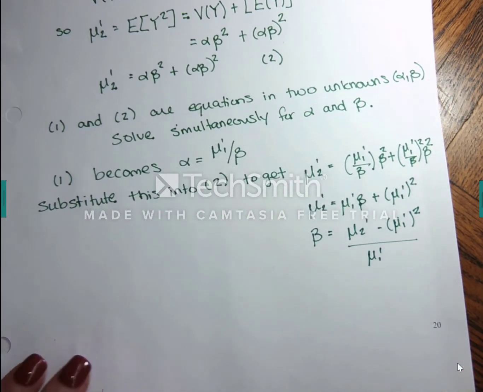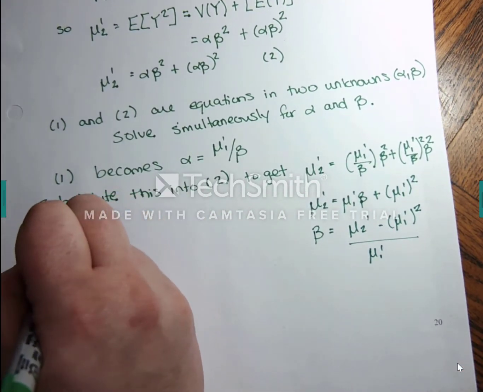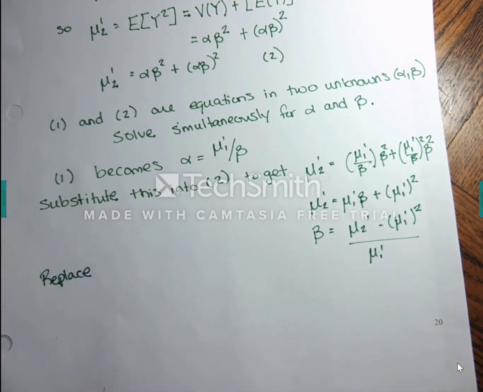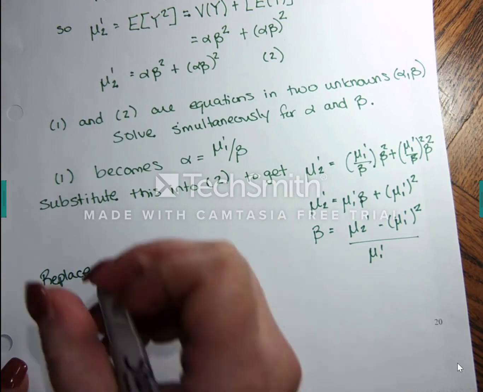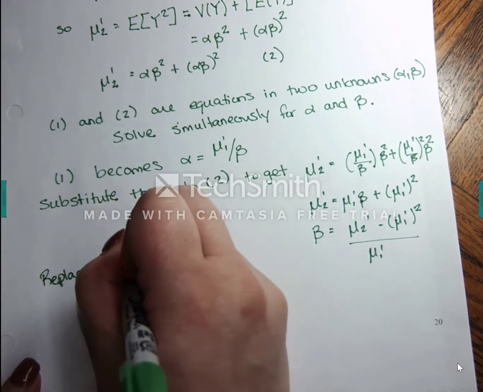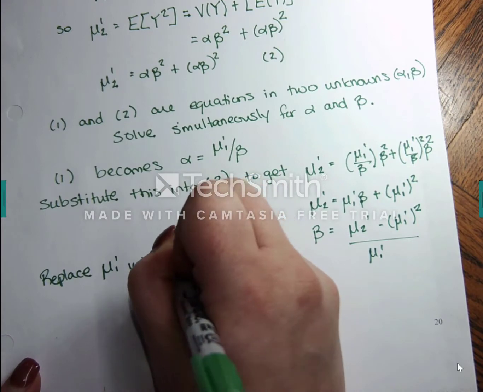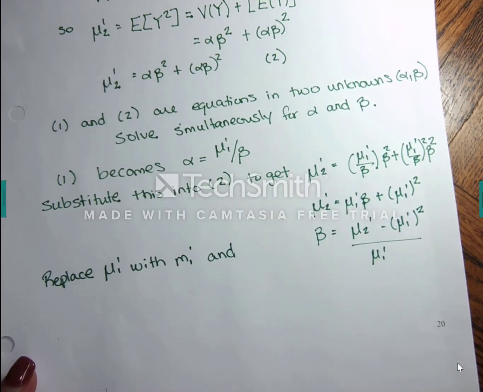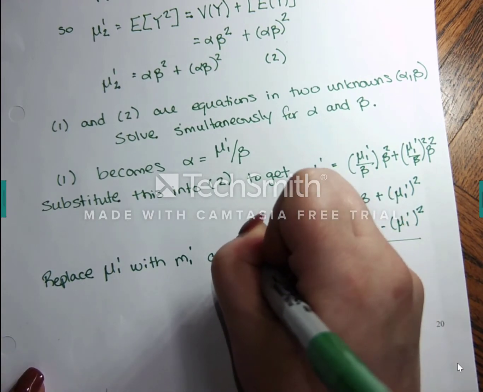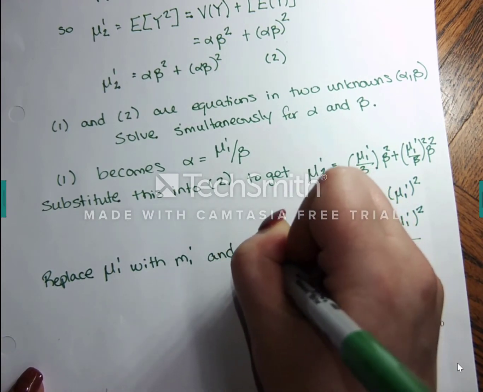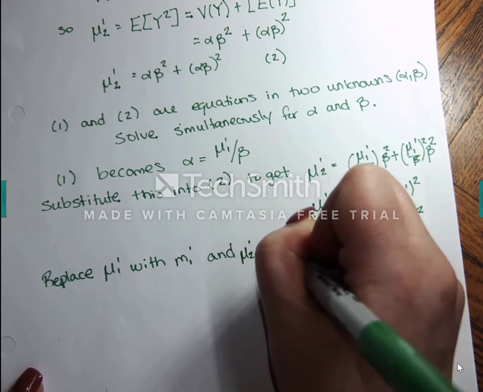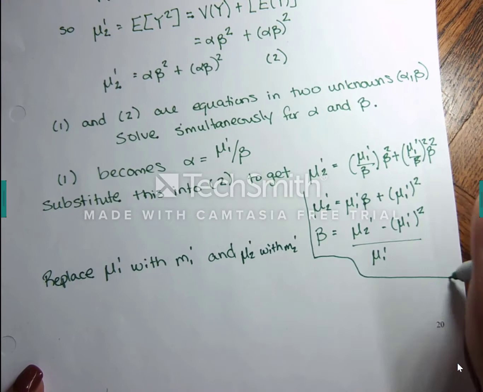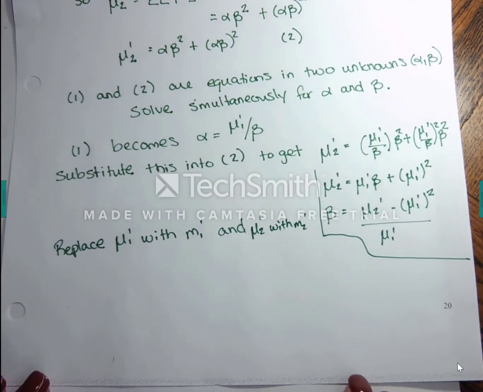So next, what we can do is replace mu prime 1 with the corresponding sample moment, and do the same thing for mu prime 2. And if we do this, we get the following.